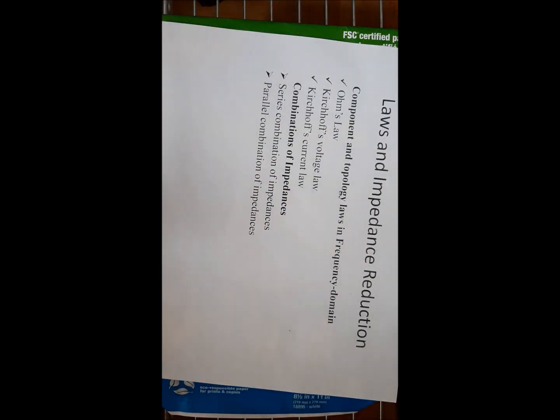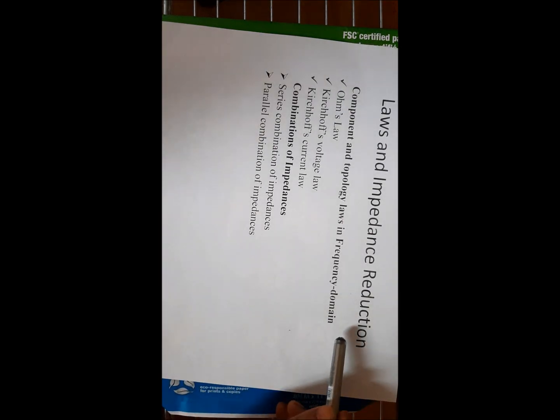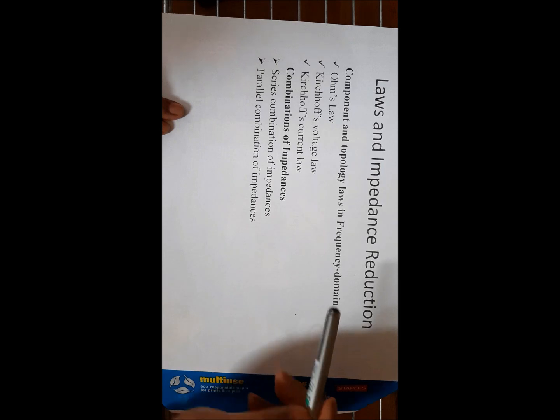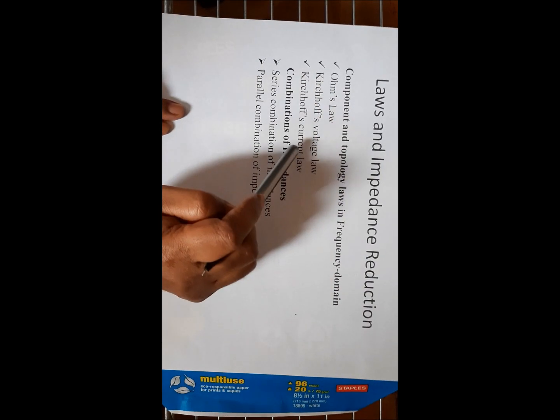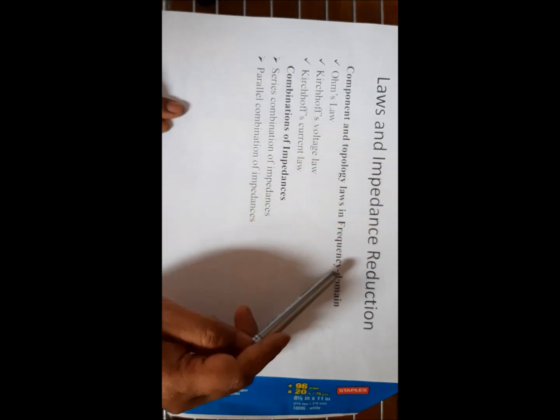For an inductor, current will be 90-degree lagging the voltage, and for a capacitor, current will be 90-degree leading the voltage. So we have to learn, in addition to Ohm's law that we have already discussed, Kirchhoff's voltage law and Kirchhoff's current law in frequency domain.